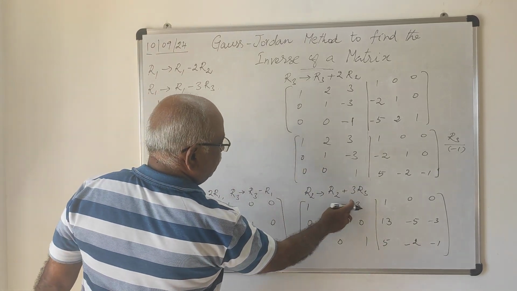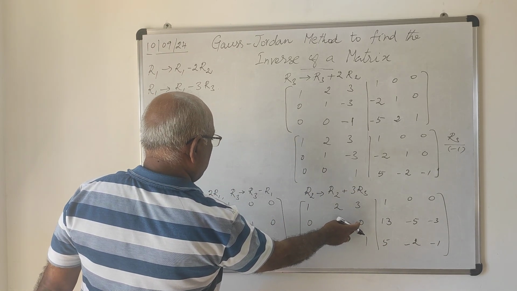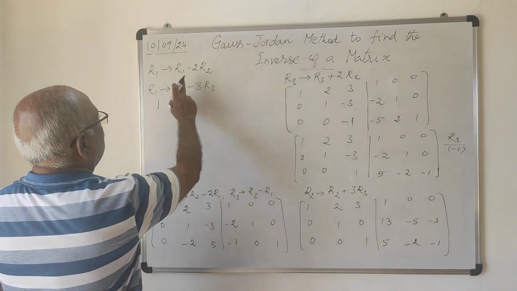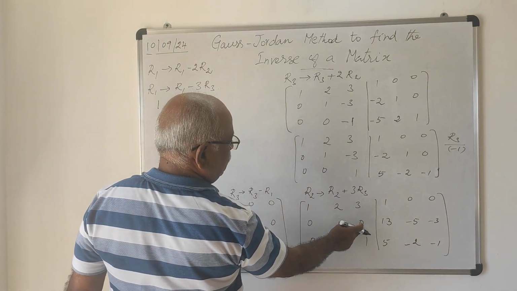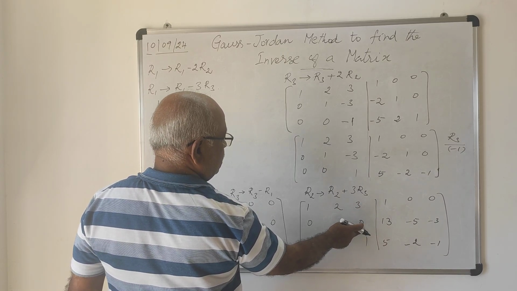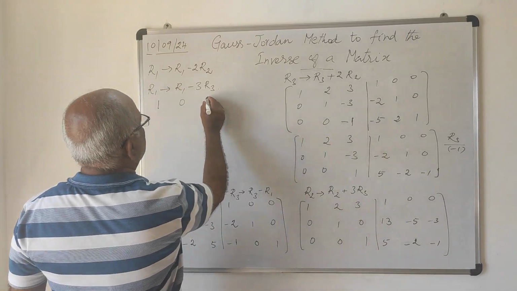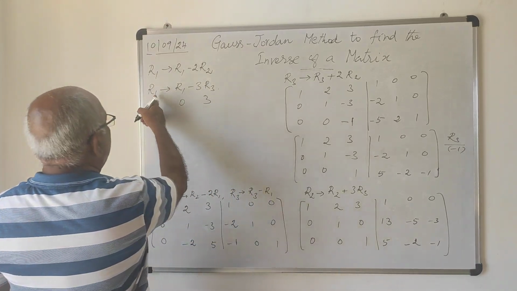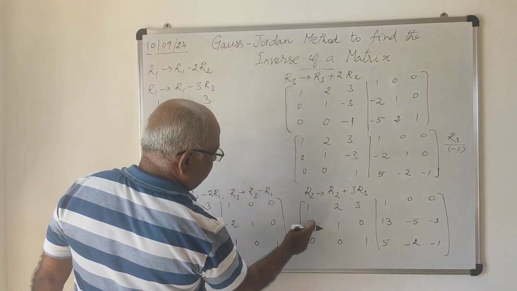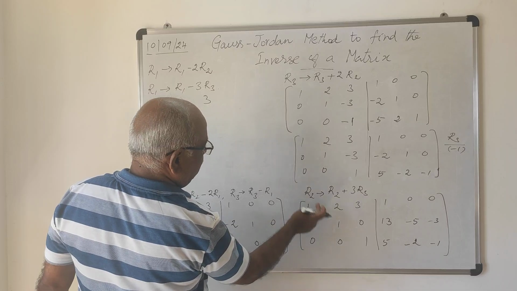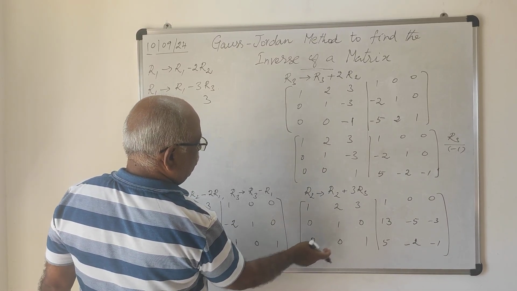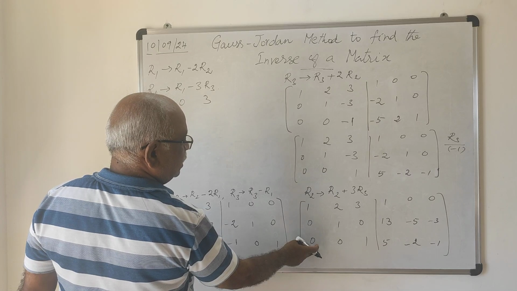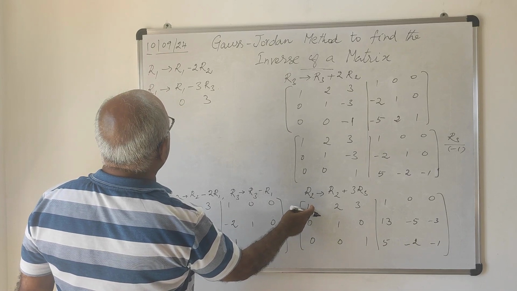And R1 minus 2 R2. 2 R2 is 0, 3 minus 0 is 3. So 1, 0, 3. Next, R1 is R1 minus 3 R3.